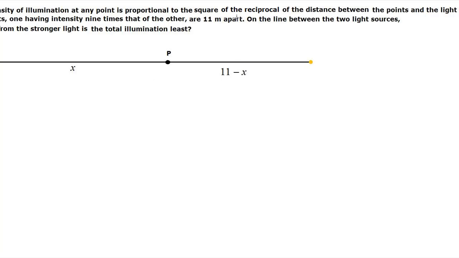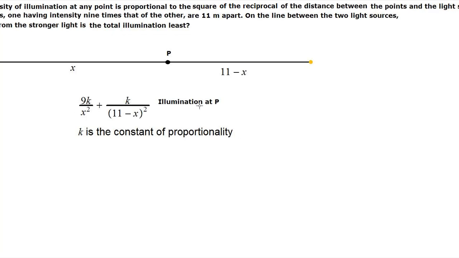If we go by this rule that the intensity is proportional to the square of the reciprocal of the distance, then the illumination at point P would be this: the intensity here is 1 over x squared, or this intensity is 9 times compared to the intensity here, so I brought that 9 in, and k is the constant of proportionality.